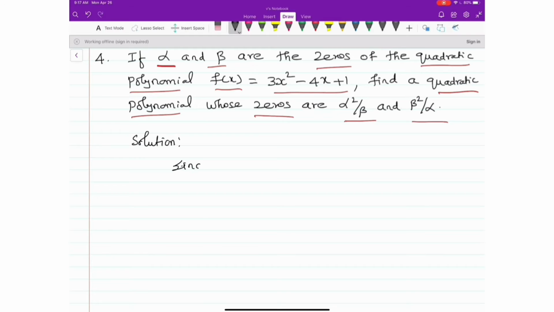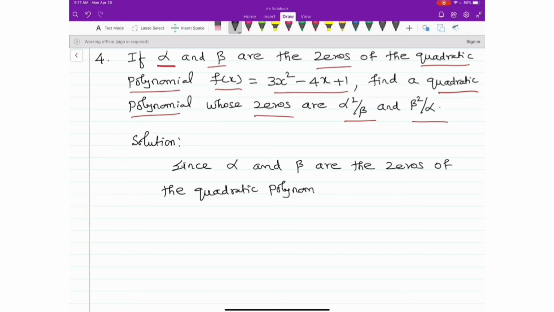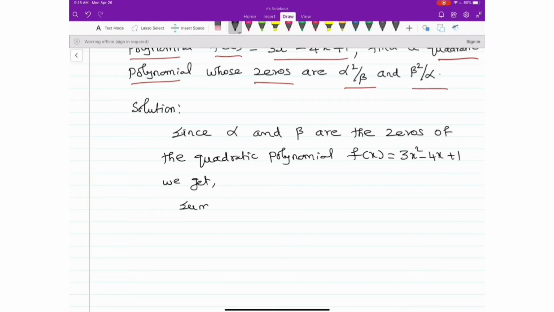Since alpha and beta are the zeros of the quadratic polynomial f of x is equal to 3x square minus 4x plus 1, we get sum of the zeros is equal to alpha plus beta is equal to minus b by a, which is minus coefficient of x.